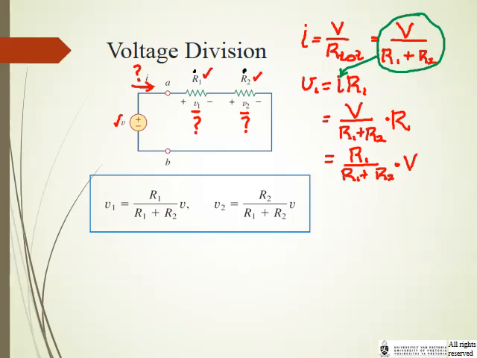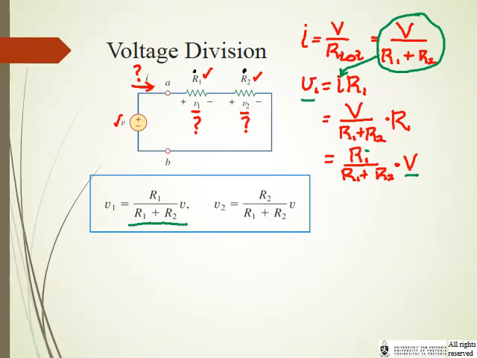So how do we know what V1 is? V1 is the total voltage multiplied by the ratio of R1 over the sum of the two resistors. That's exactly what we've got at the bottom.